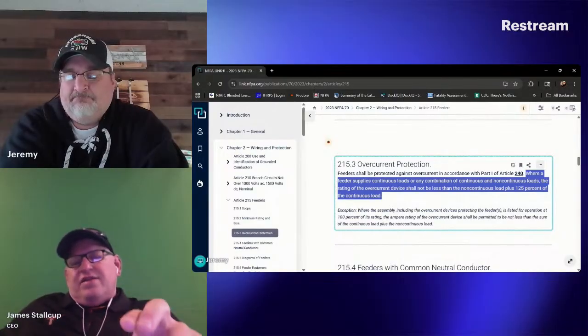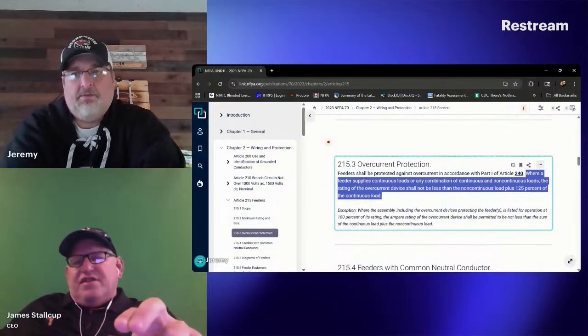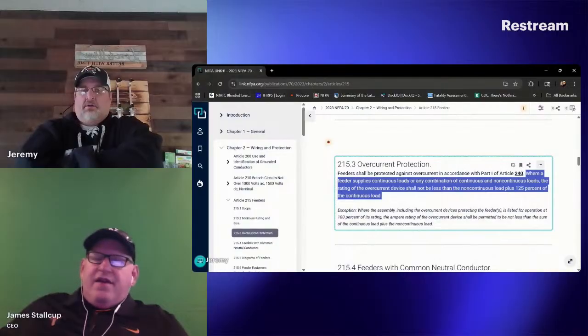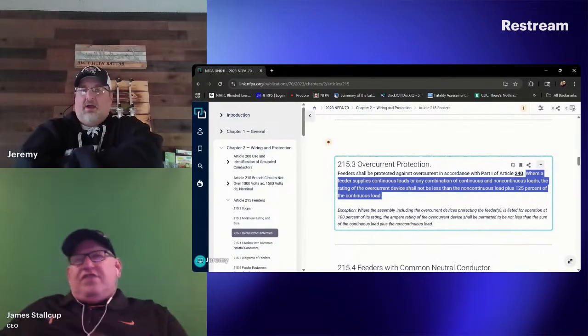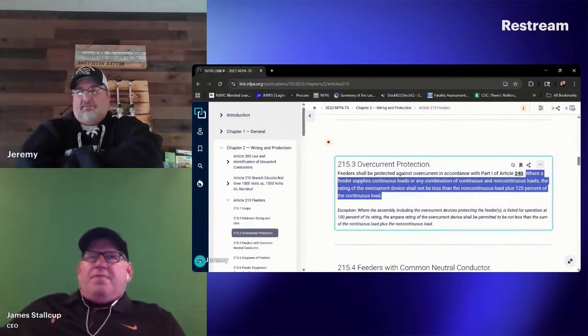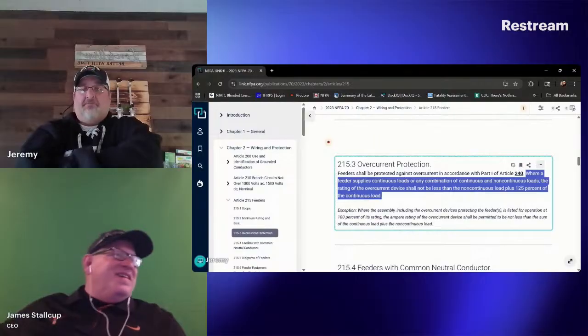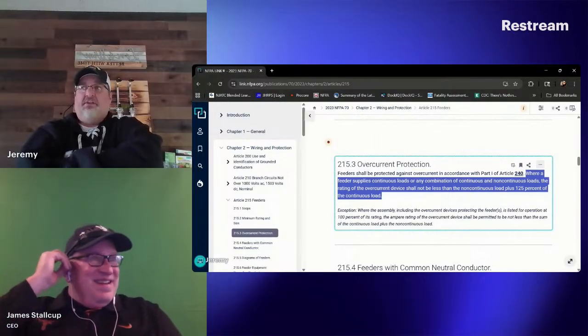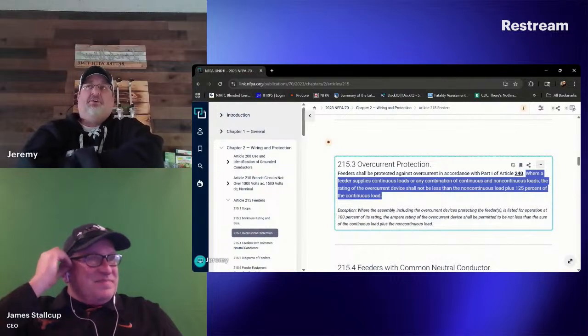You're taking one section and disregarding what it says right here. And you want to say, well, if that's the case, I can drop down to a 100 amp overcurrent device. It doesn't say that. There's nothing that says I can't. All it says in 240.4(C) is that the capacity of the conductor has to be equal to or greater than the overcurrent device.